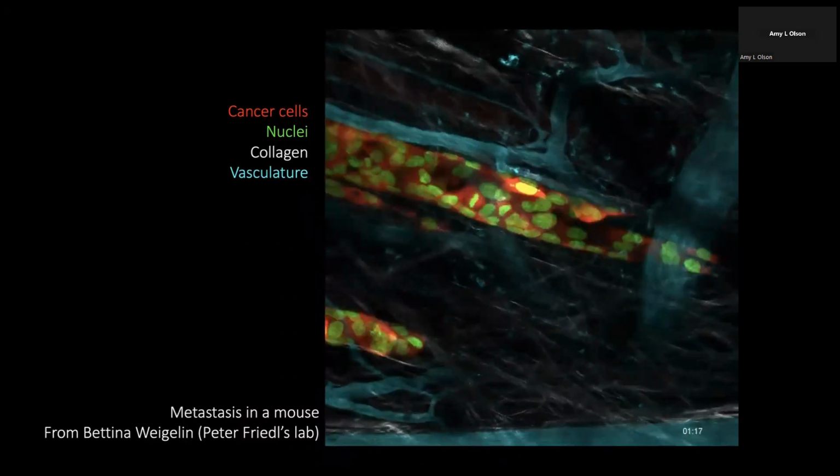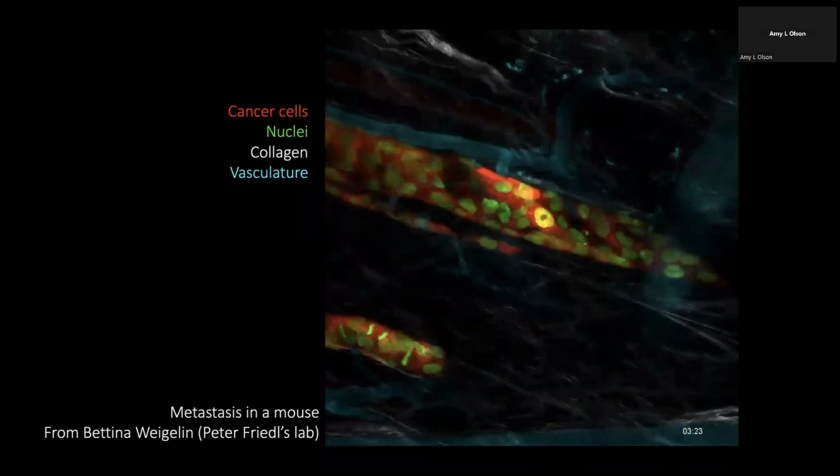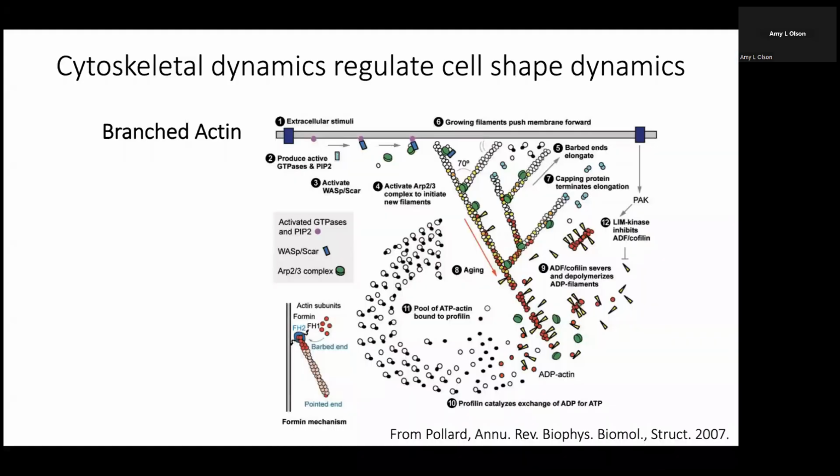And it turns out that cell dynamics is regulated by dynamics across scales, right? So physically, cell shape is created by forces at the cell membrane. Cells create their own forces internally by growing and controlling a physical thing, the cytoskeleton, right?